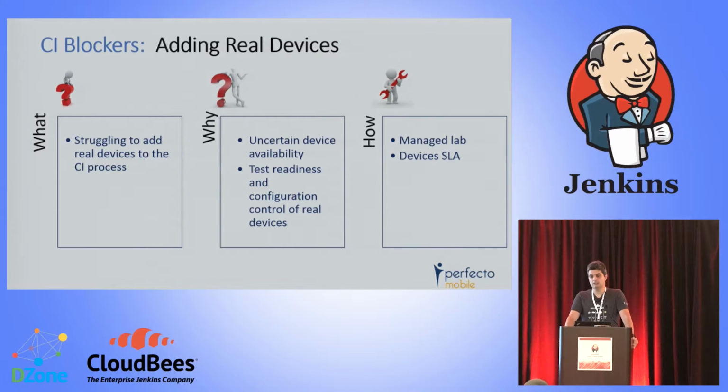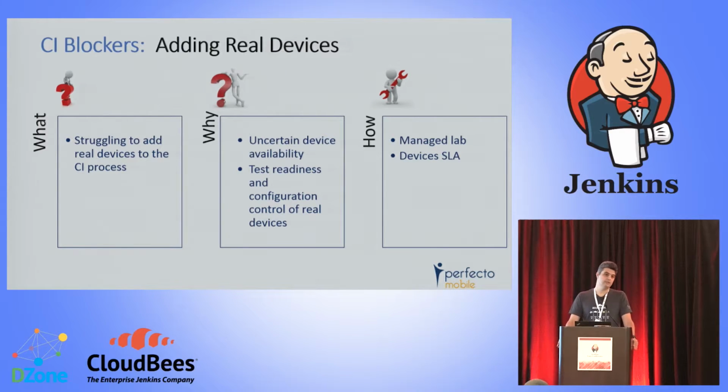Why? Suddenly the ADB command is disconnected. The iOS device runs into a problem when you run an automation on top of this. All these kinds of issues give you a lot of problems when we are talking about CI, because the devices need to be available all the time. That's the whole concept of CI, availability.